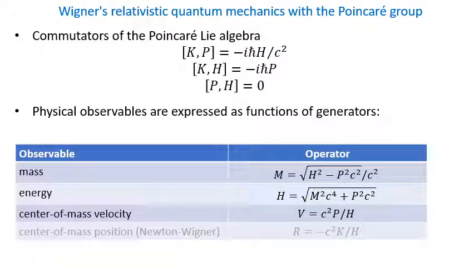The center of mass velocity of any system is proportional to the ratio of momentum and energy. The center of mass position is given by a similar formula where instead of linear momentum we will use the boost momentum with negative sign. This symmetry between the definitions of velocity and position will play an important role later.